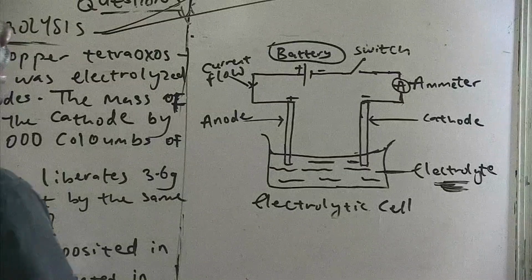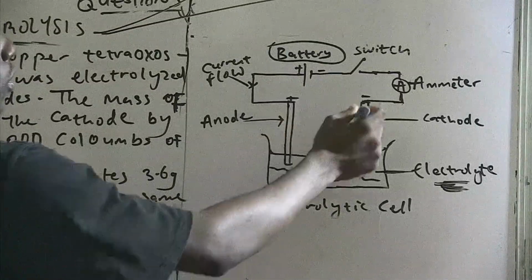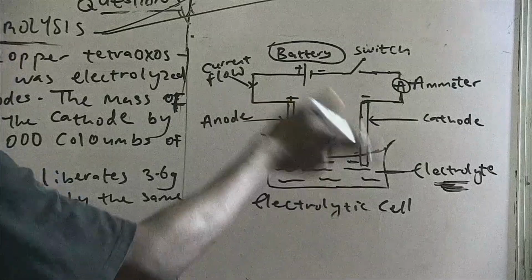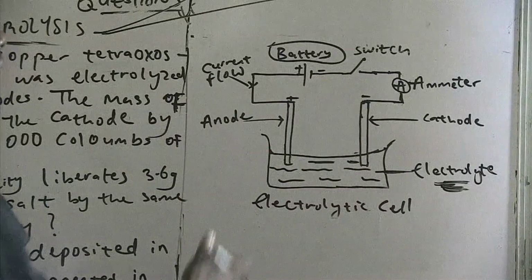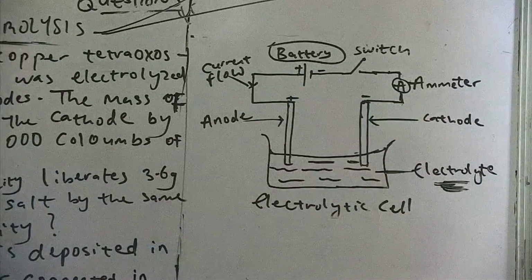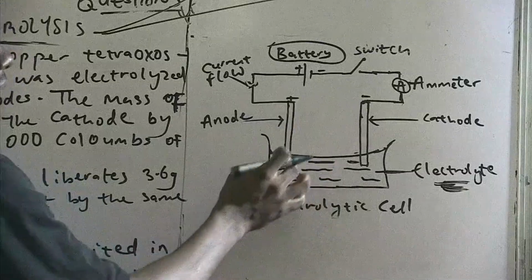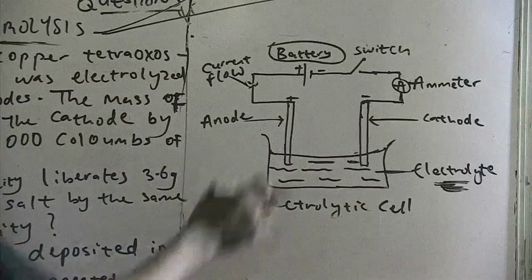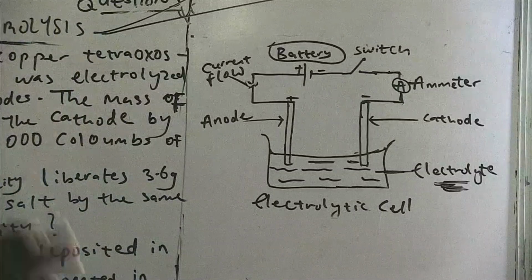Now the current enters and leaves this electrolyte through what you know as your electrodes, anode and cathode. The current, which is direct current, comes in through the anode and leaves through the cathode.